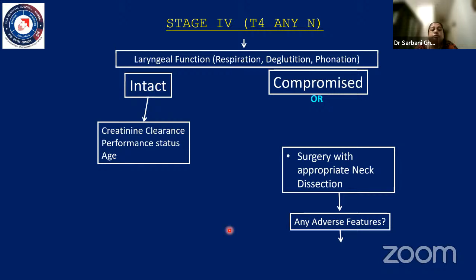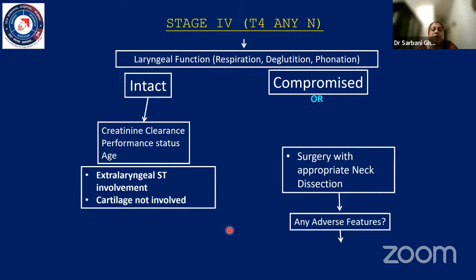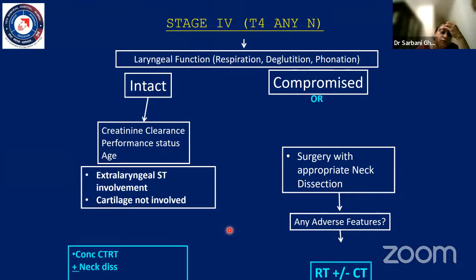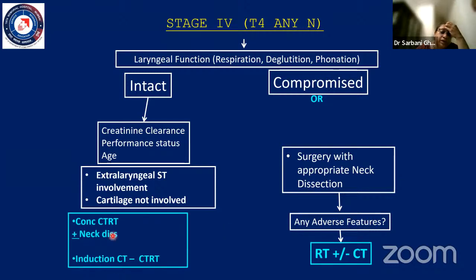Now coming to stage 4, that is T4 disease. What do you do? In these patients, of course, you would do this with extralaryngeal soft tissue involvement, cartilage not involved. You could consider doing any of these schedules. But if it is compromised or the cartilage is involved, then you would want to do surgery with appropriate neck dissection, and in the presence of any adverse features, adjuvant therapy.